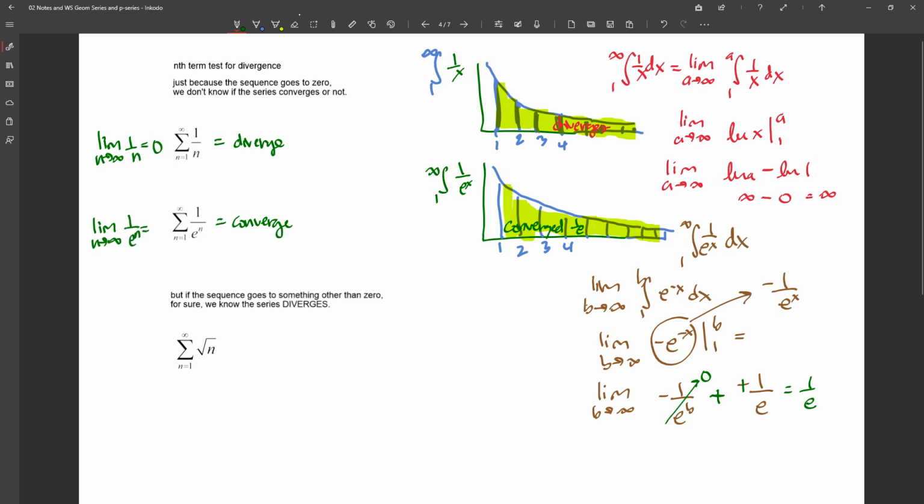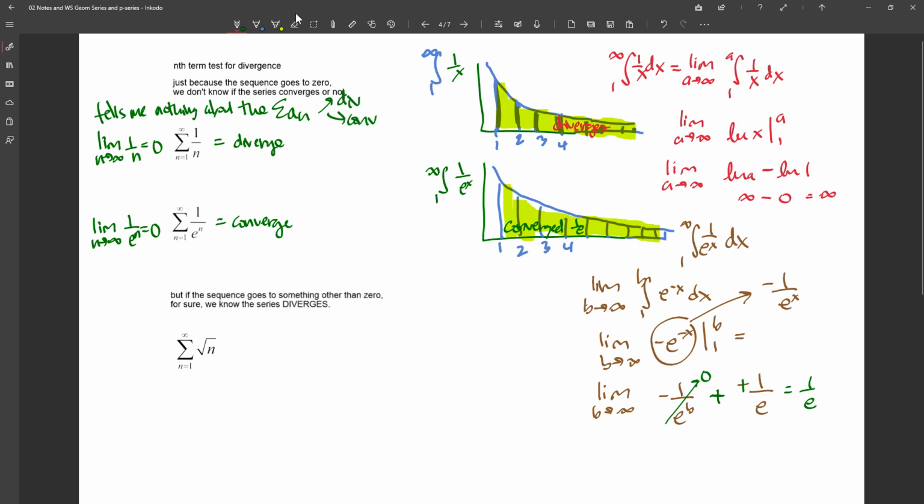This number would get bigger and bigger and bigger. This would give me 0, okay? So knowing that this limit is equal to 0 tells me nothing about the series, if it diverges or converges, okay?